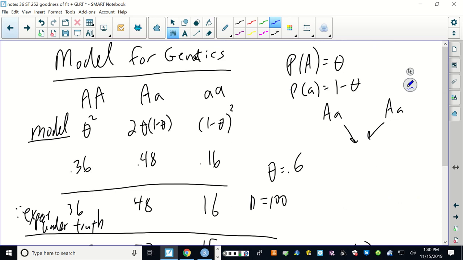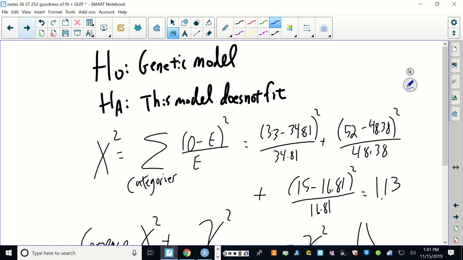Why do we lose a degree of freedom for estimating the parameter? Well, between the two, it's really the difference in the number of free parameters. In the genetic setting, when there is no model, you just have three proportions that have to add up. You could say that there are two free parameters.